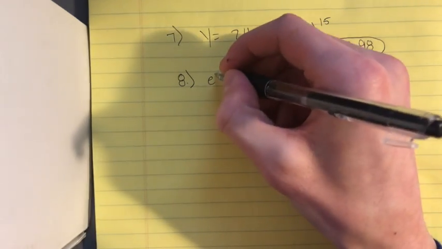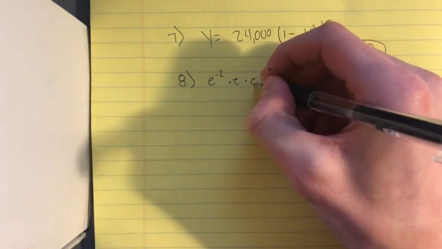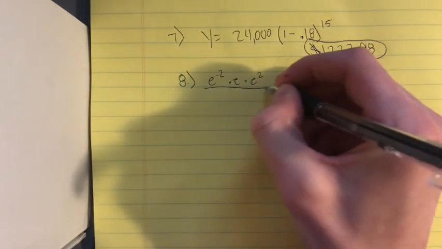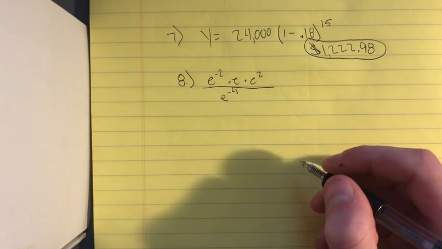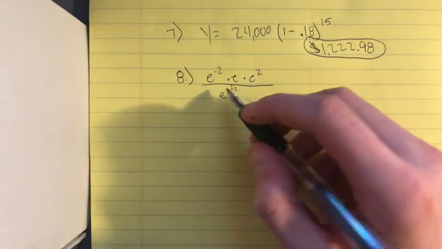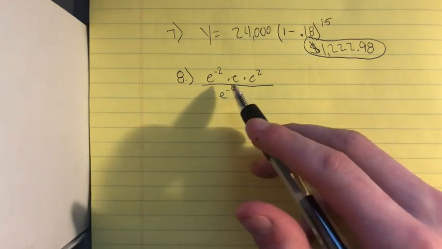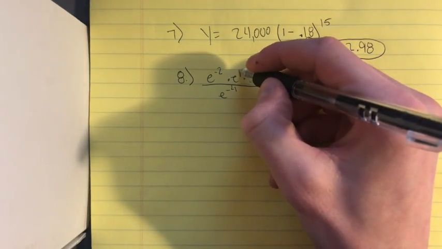So number 8, we've got e raised to -2 times e raised to 2, divided by e to the -4th. So we've got e times e, it's just like a 1 there.